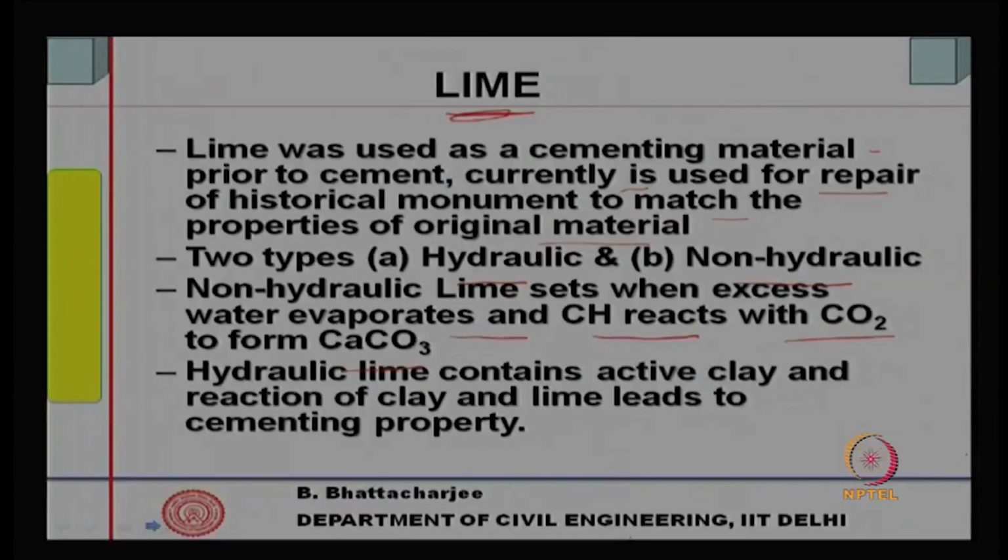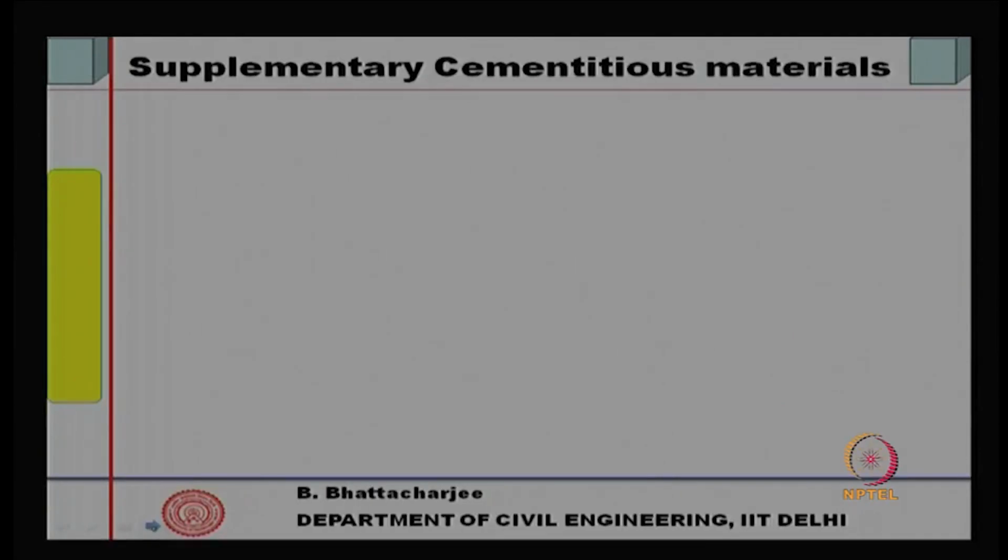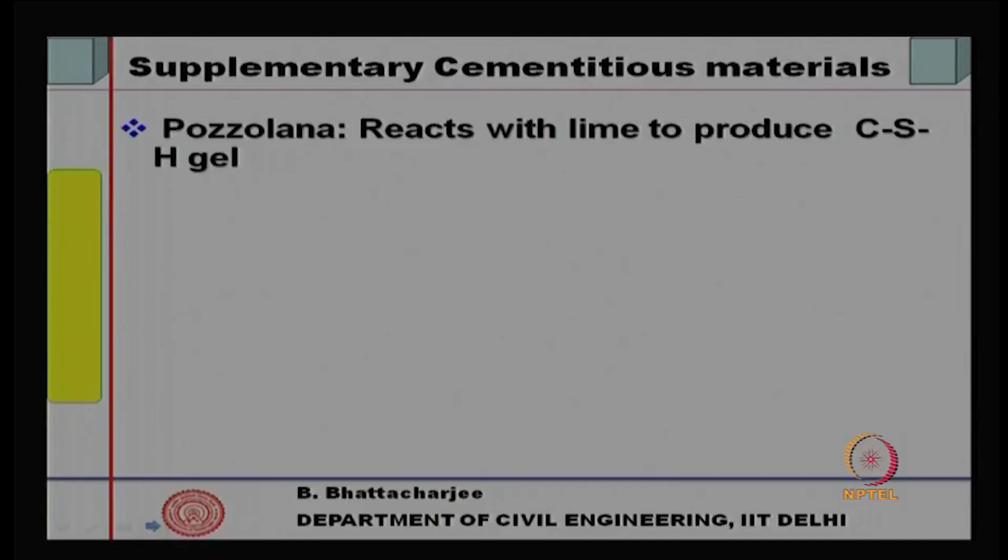Hydraulic lime, on the other hand, has got active clay, and the reaction of lime with clay leads to cementing property. Now, this is what has been used for many years. So, what we know is that some materials, some silica, can react with lime to produce a C-S-H gel like structure.